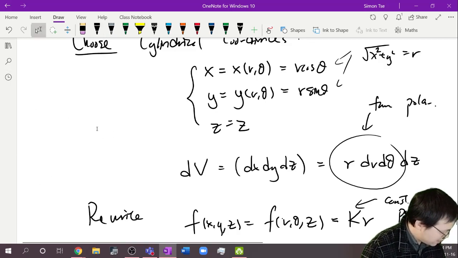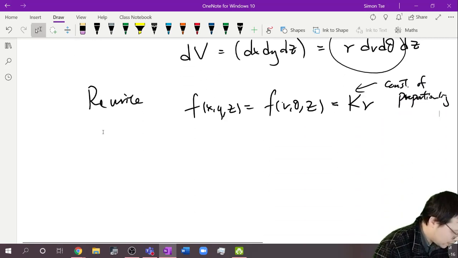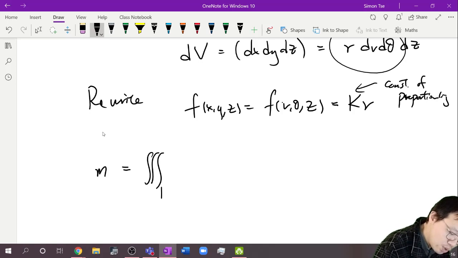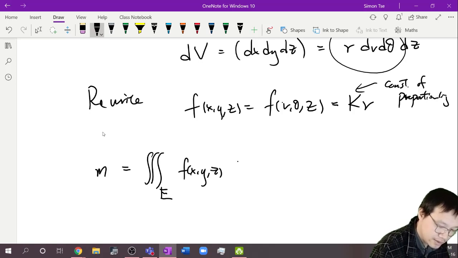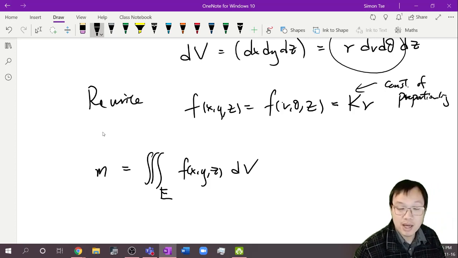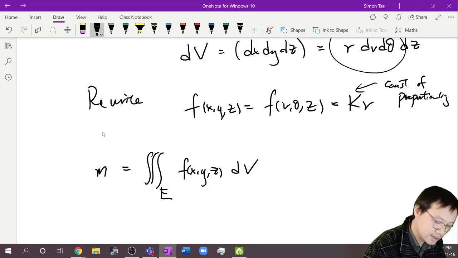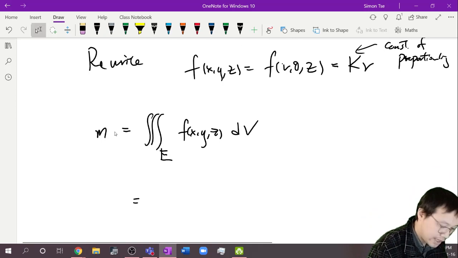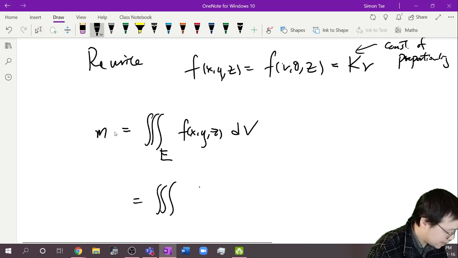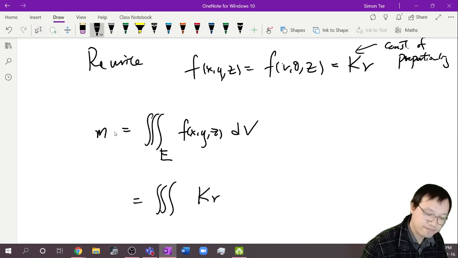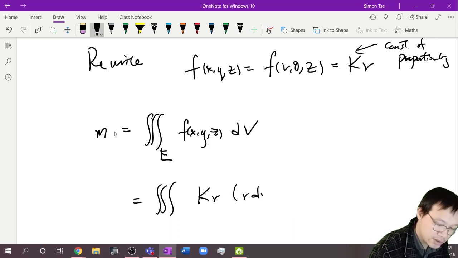And so what we're really trying to do is find your mass, which should be the triple integral over the region of your density function, and then dV, which would be dx dy dz if you don't choose a different coordinate system. And now, in our case, it will be just k times r, and then you have this r dr d theta dz.